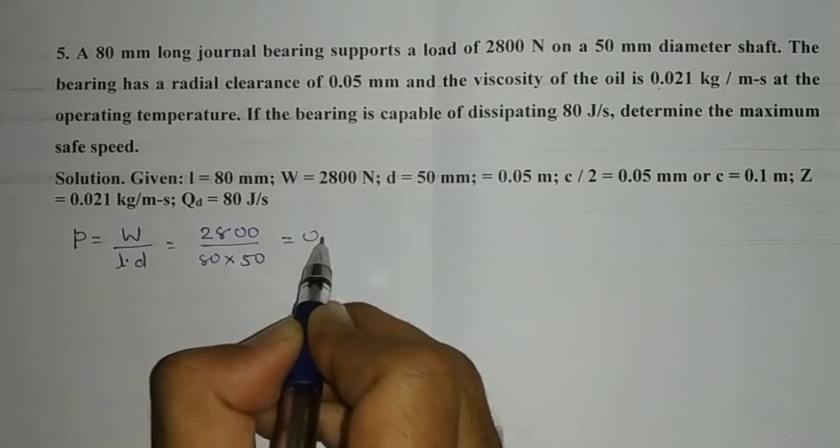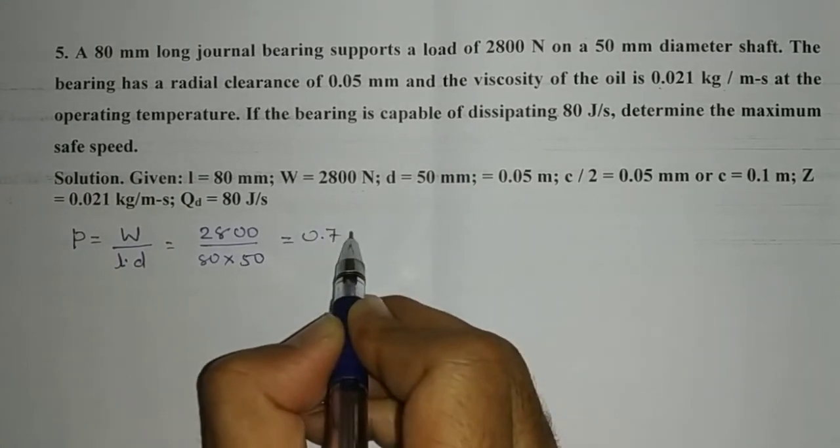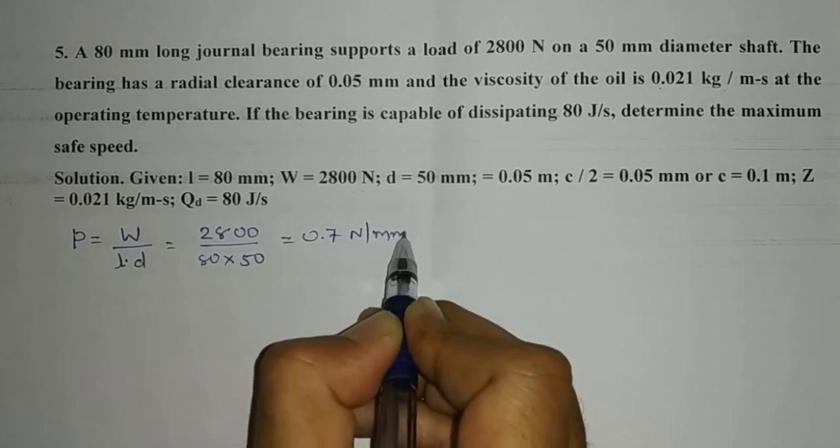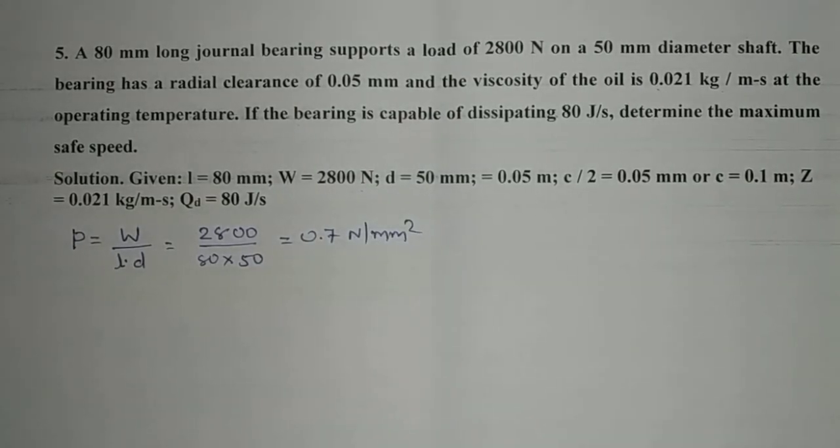So pressure P is equal to 0.7 Newton per mm square.